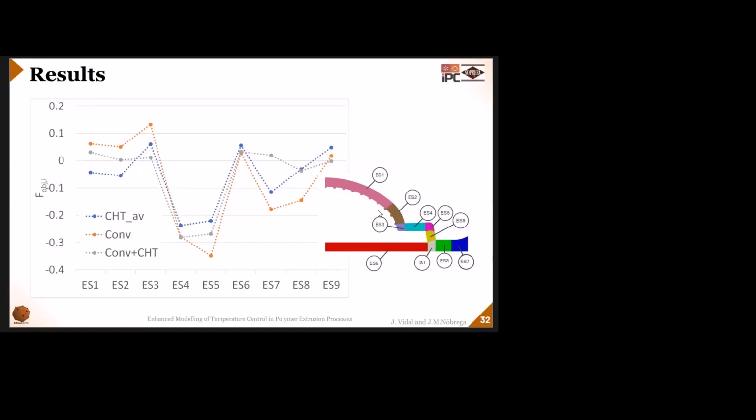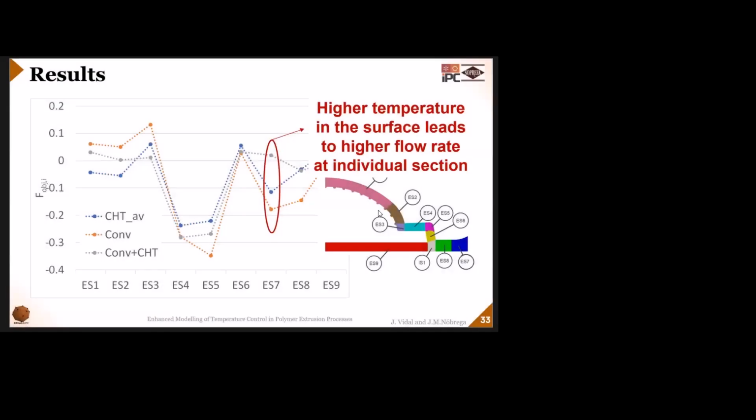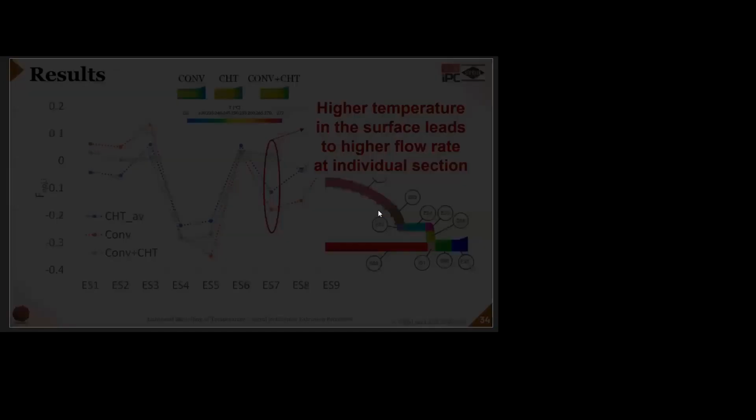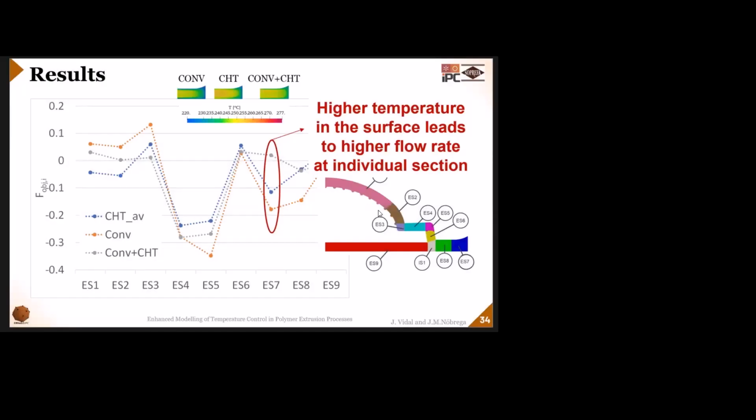So, the objective function. We see that we get higher temperature. We get a big difference on the elemental section 7. And what we think is the cause of this is that this section is all surrounded by walls.